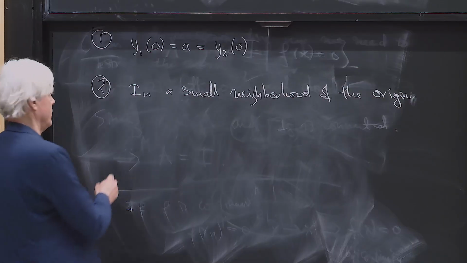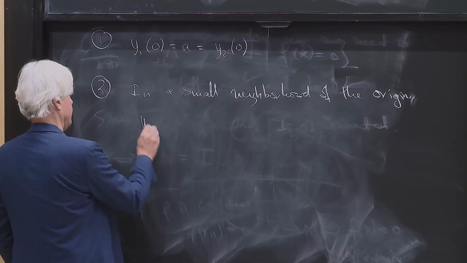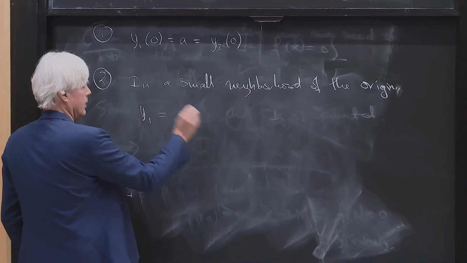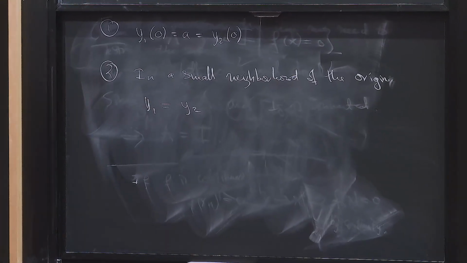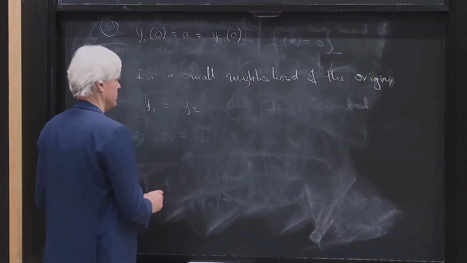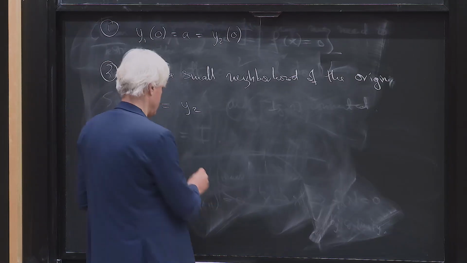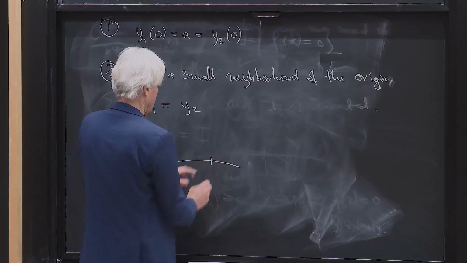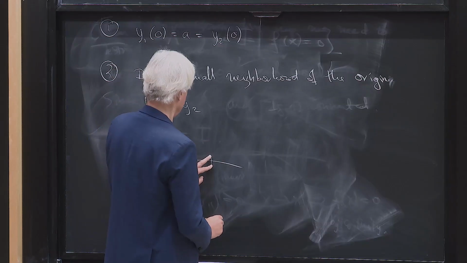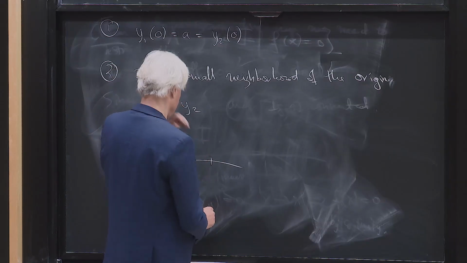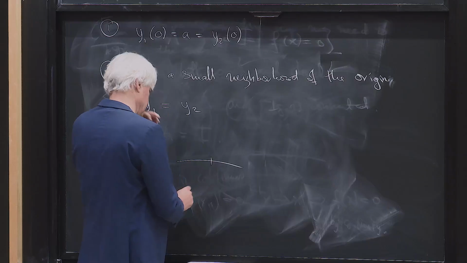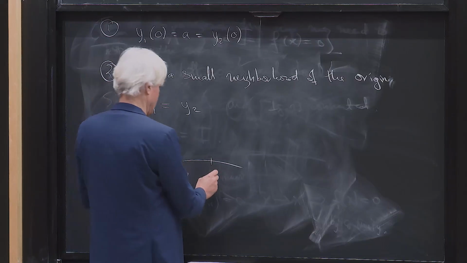In a small neighborhood of the origin, y1 is equal to y2. But actually, the Picard-Lindelöf argument would work at any other point. Suppose you take any other point, then you take a solution to the ODE.